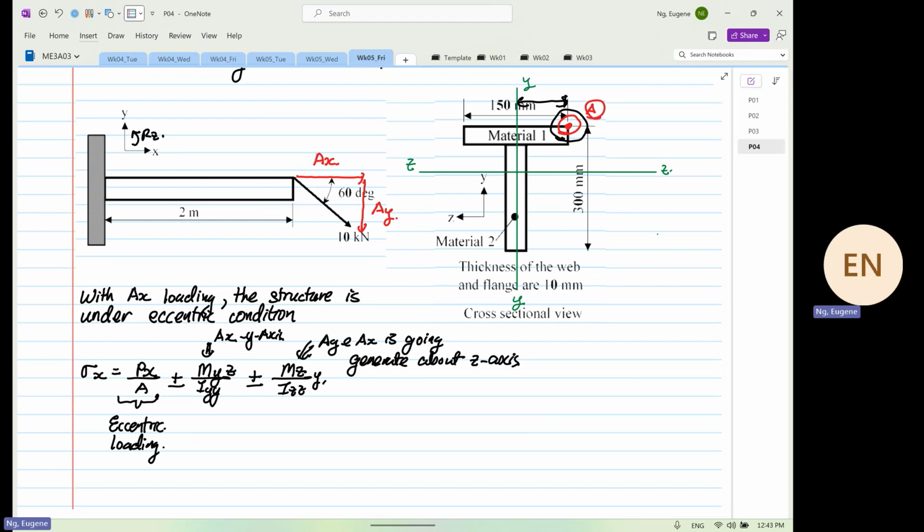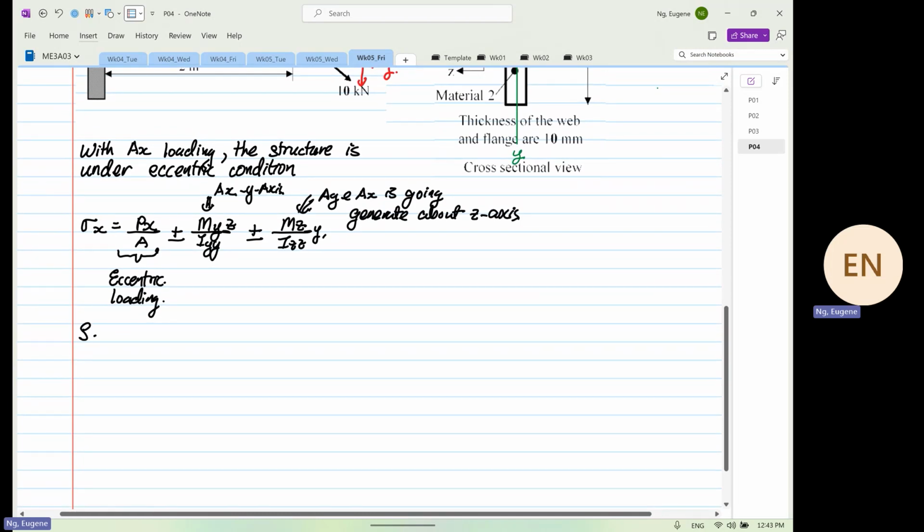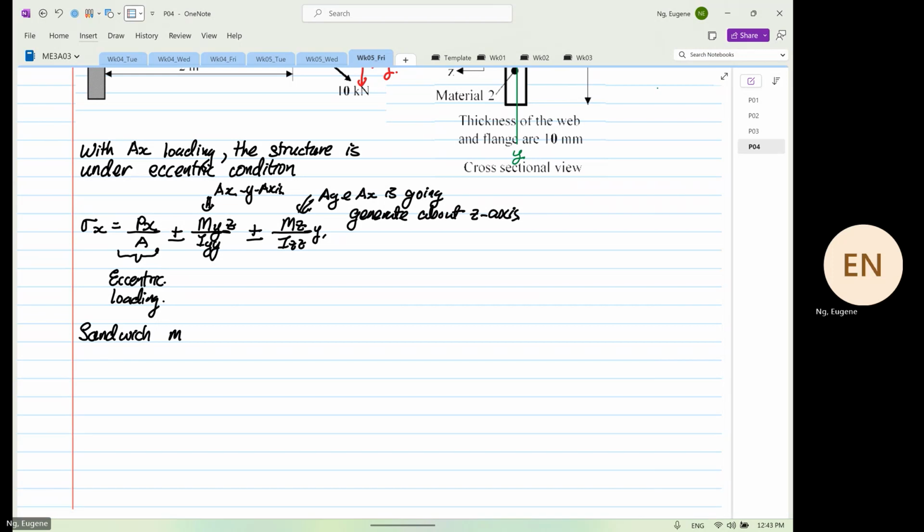Okay. So you guys think that's not difficult enough. If it's not difficult enough, the next thing we have to consider is sandwich material. So with sandwich material, this expression will come out to be different now.